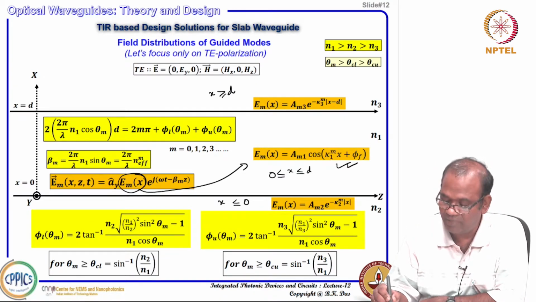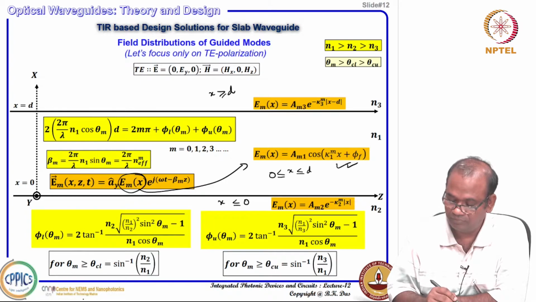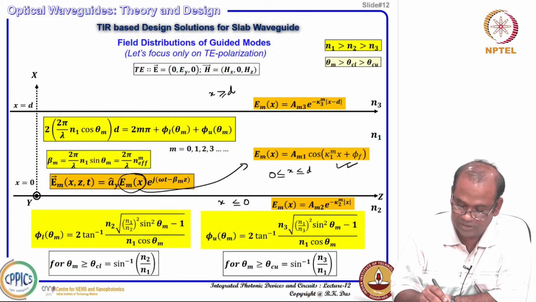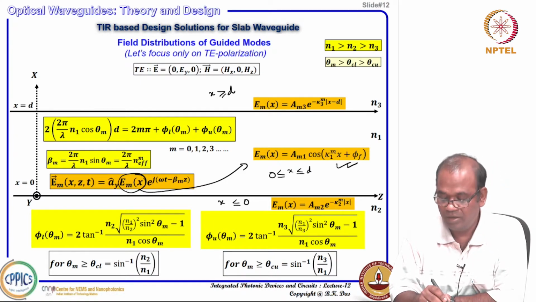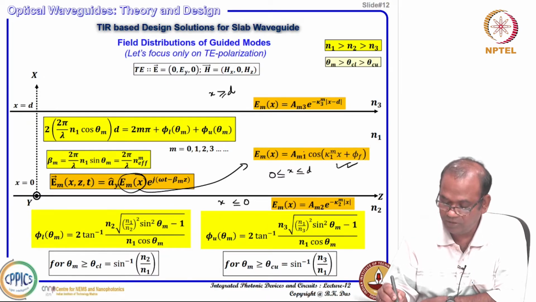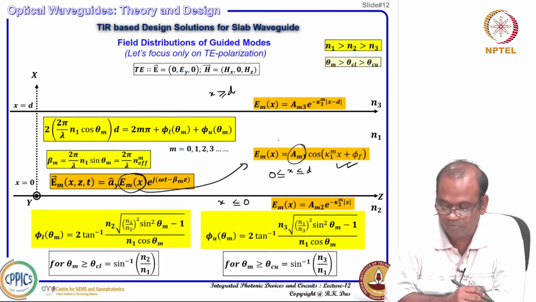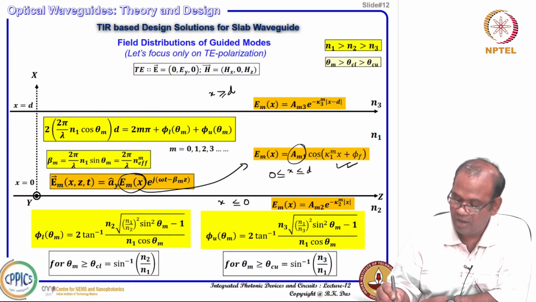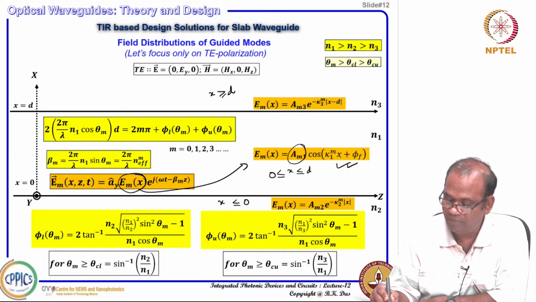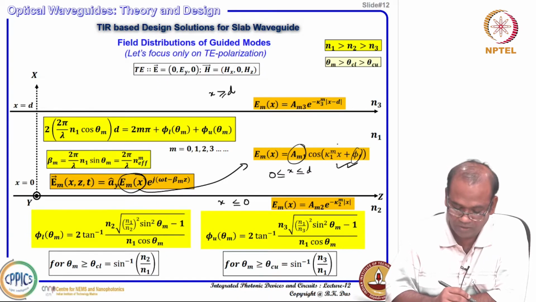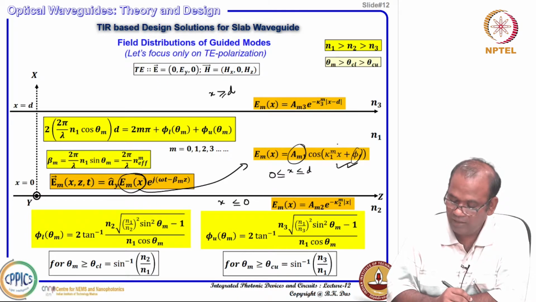Here I have written kappa 1m, because this is related to the mth mode. How will it be derived? You have some amplitude A m1, and then cosine of kappa 1m x plus phi f, some phase I have just added. What is that kappa 1m?